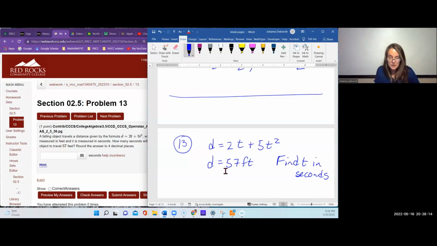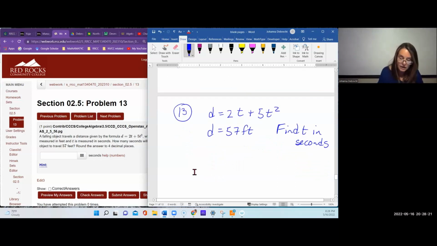What we need to do is replace the d in the original problem with the 57 feet. We can leave the feet off for now and just understand that that's what it represents. This gives us the equation 57 equals 2t plus 5t squared.